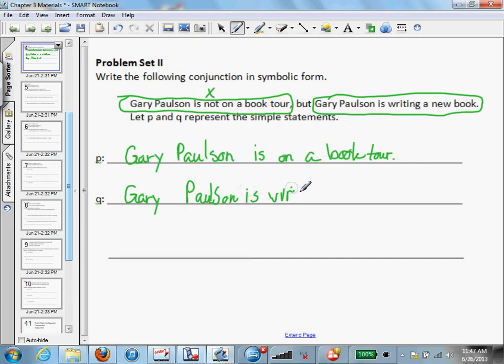Well, if you look, the 2 statements cannot coexist because you can't be both on a book tour and writing a book. There's just too much going on.